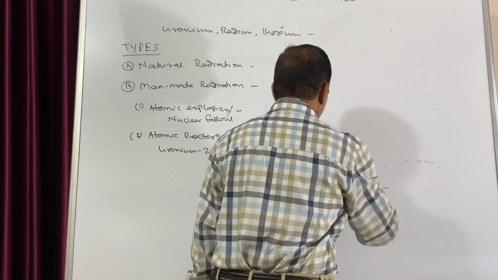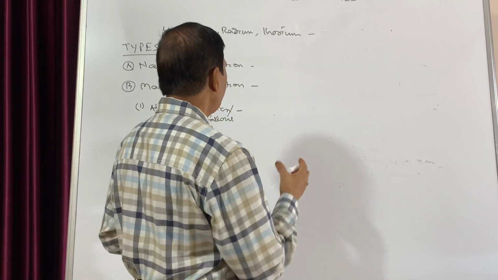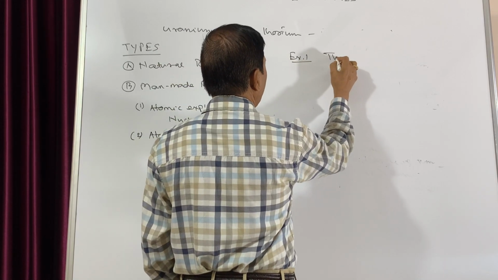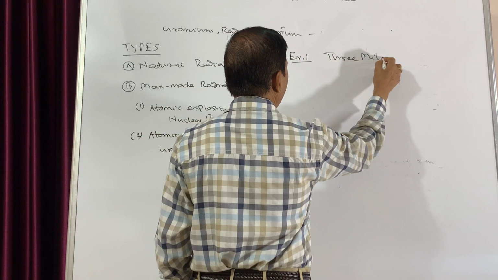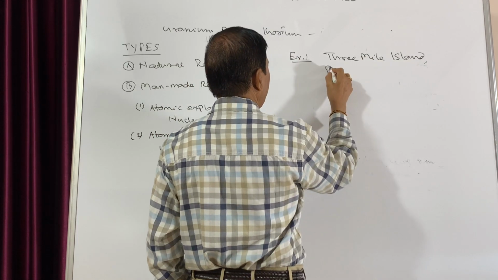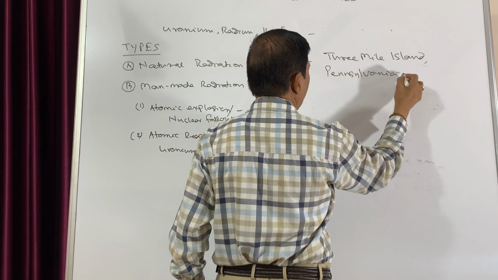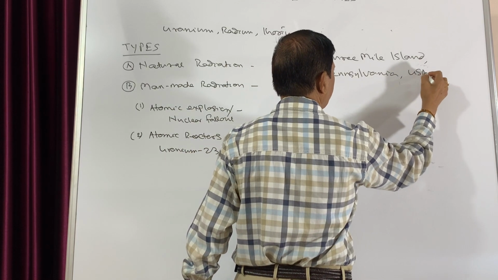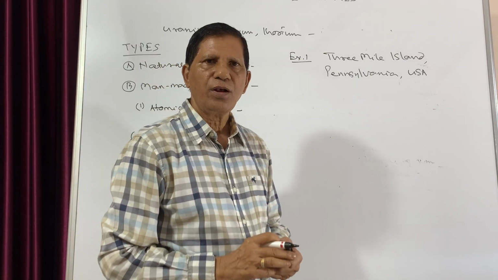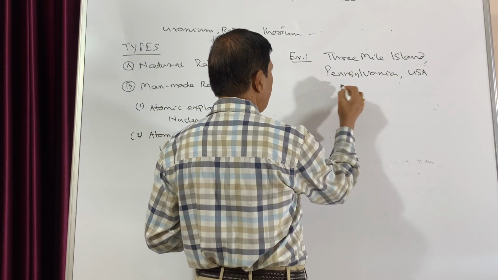The first example, number 1, is Three Mile Island, in Pennsylvania, USA.